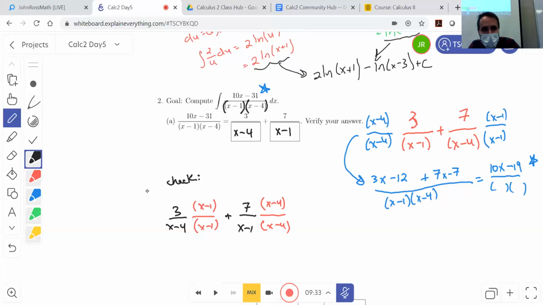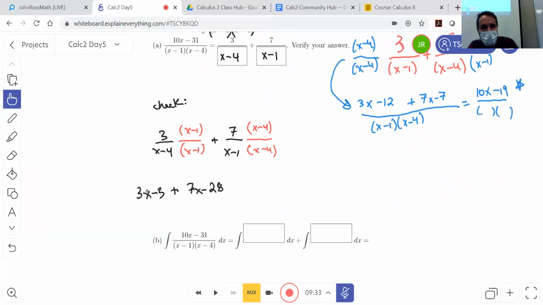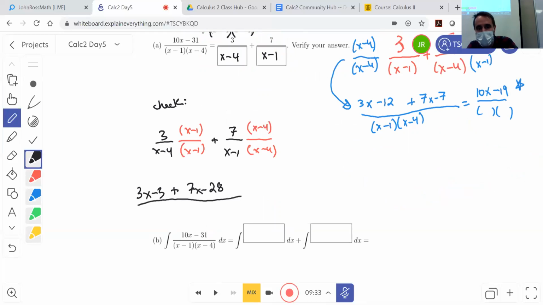Let's go ahead and compute that really quickly. We should end up getting in the numerator 3x minus 3 plus 7x minus 28, all over that common x minus 4 times x minus 1. And this time we see when the dust settles, we can combine the x terms. We get 10x. We can combine the constant terms.